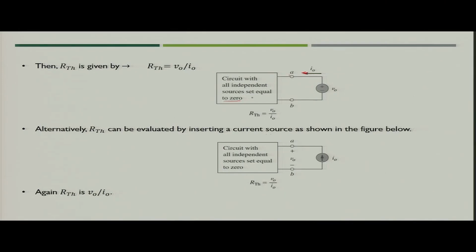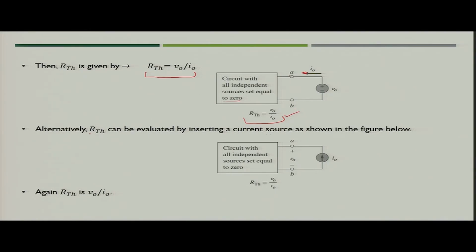If you solve the circuit with Kirchhoff's voltage law or current law, you will find the Thevenin resistance, which is V naught divided by I naught. So, when a dependent source is in the circuit, you first remove all the independent sources, then apply voltage V naught and measure the current I naught, and accordingly find the value of Thevenin resistance.